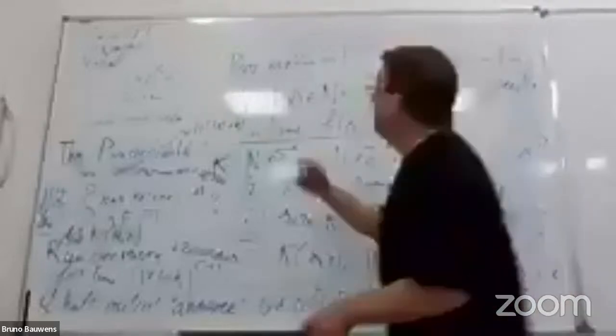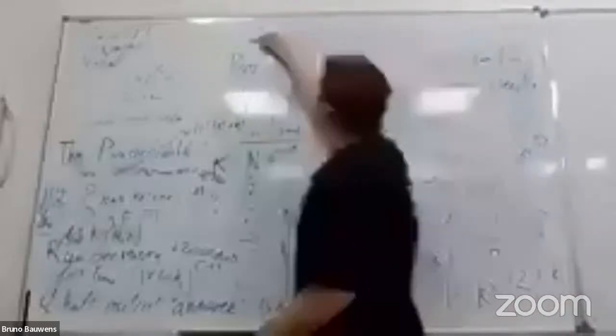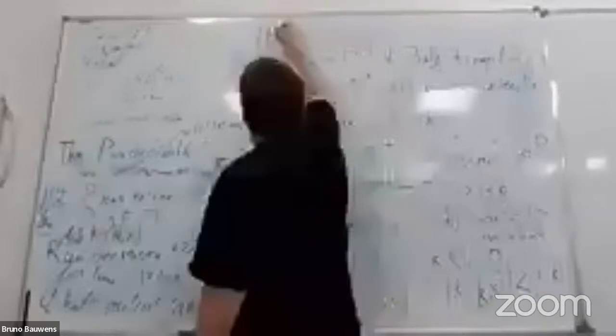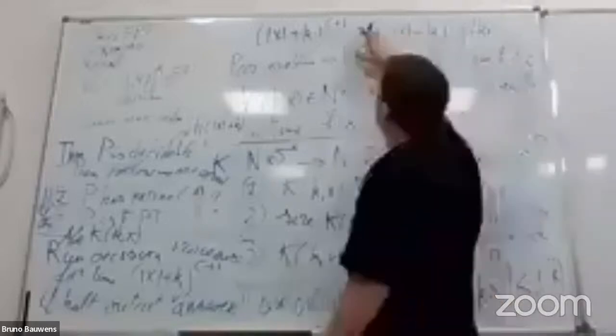Okay, you know already what this is. So what do we have? Length of x plus k to the power c plus 1 is bigger than length of x plus k to the power c times f of k. Less than, not greater than.